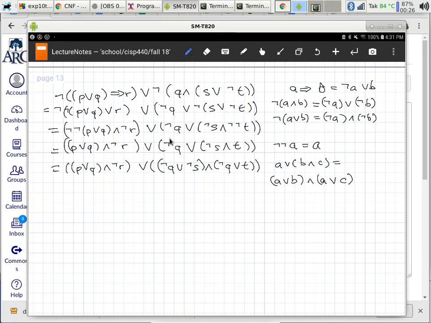All right, so knowing that this is distribution, what if we have something like this? On the side here, I'm going to draw a line. What if we have (A and B) or (C and D)?